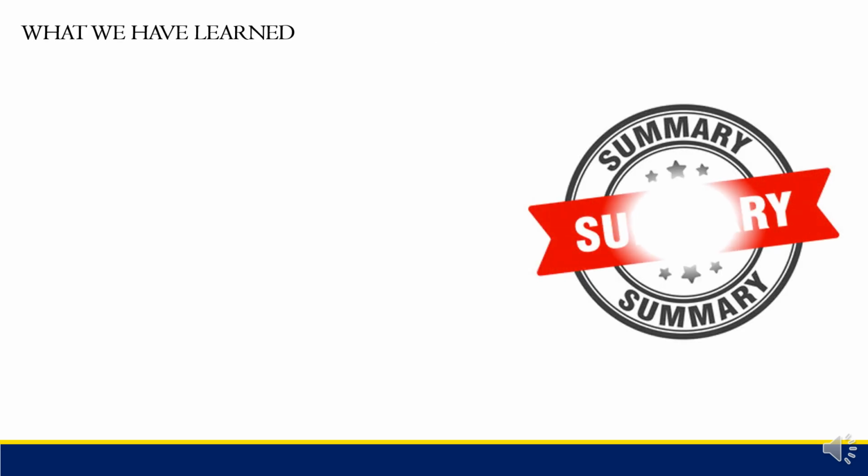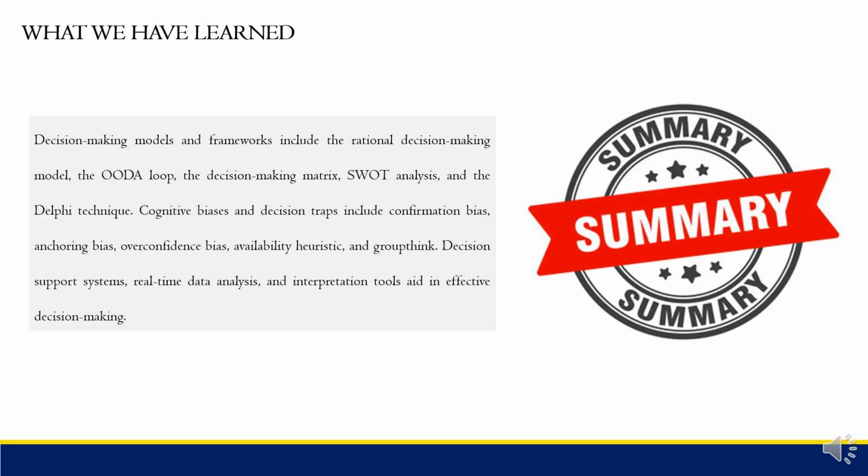So let's see what we've learned so far in summary. Decision-making models and frameworks include the rational decision-making model, the OODA loop, the decision-making matrix, SWOT analysis, and the Delphi technique.